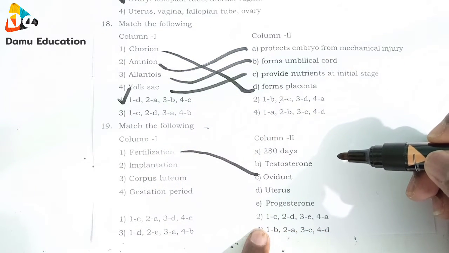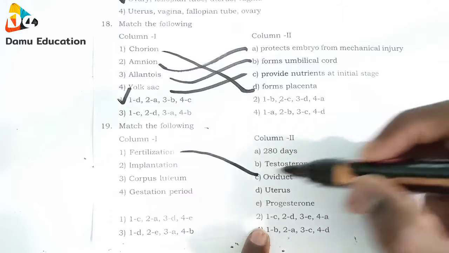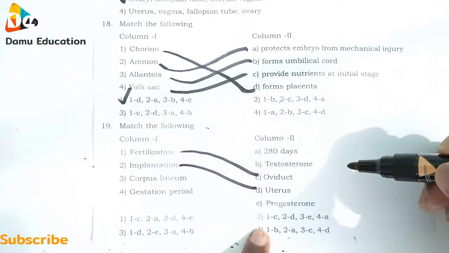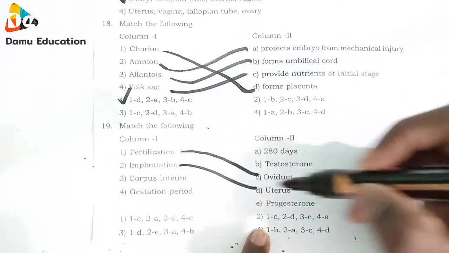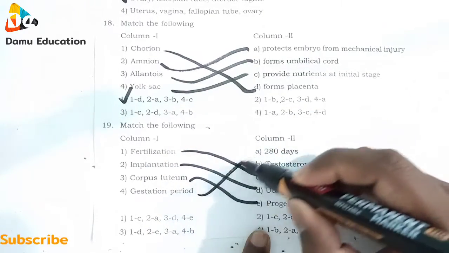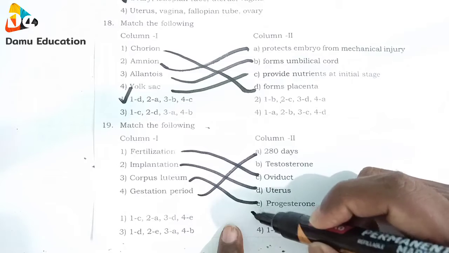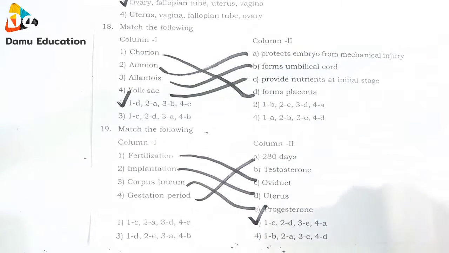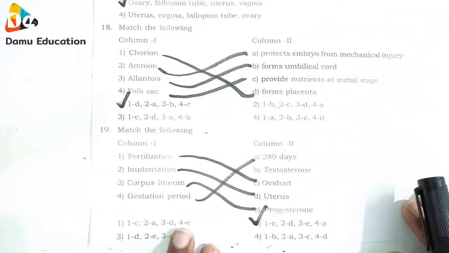Next, implantation is in the uterus. Next, corpus luteum is progesterone. Next one, gestation period is 480 days. Sorry, 280 days. It's around 280 days, which means around 10 months, or 9 months.